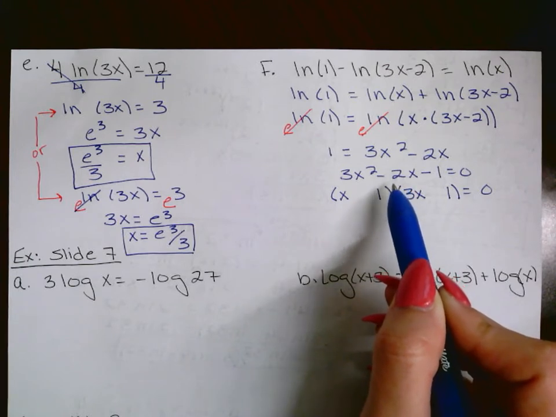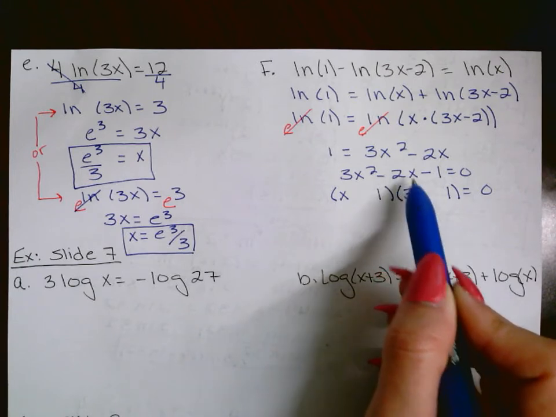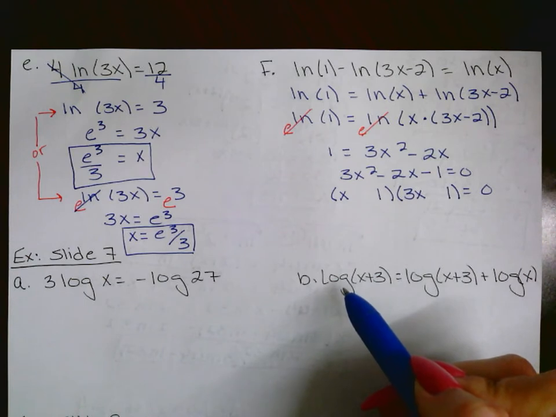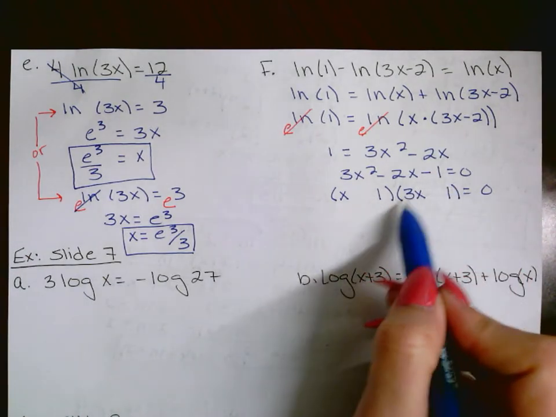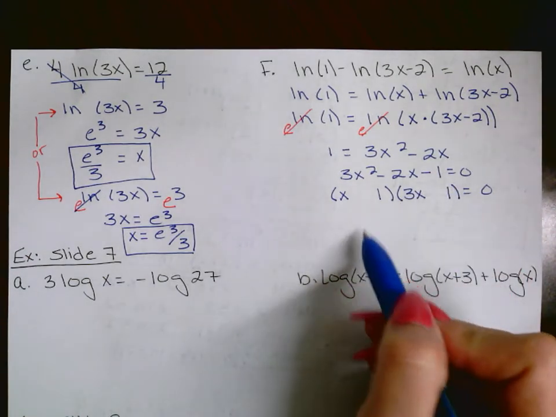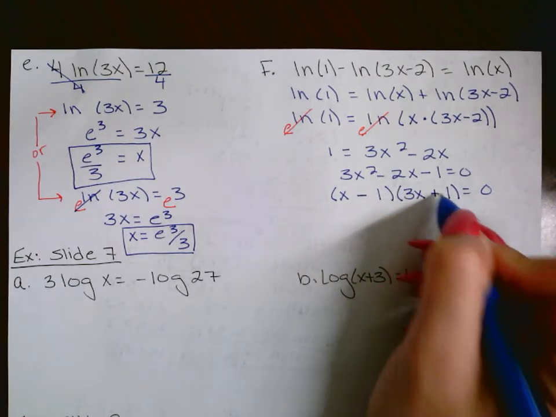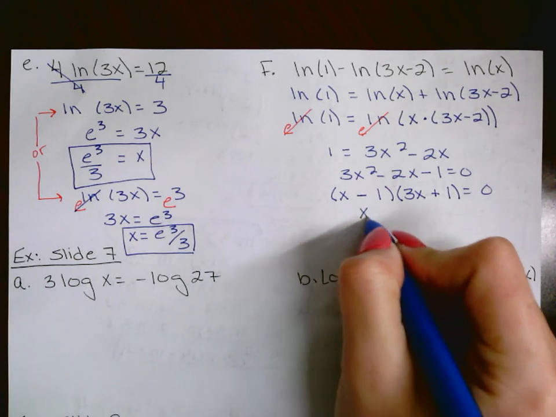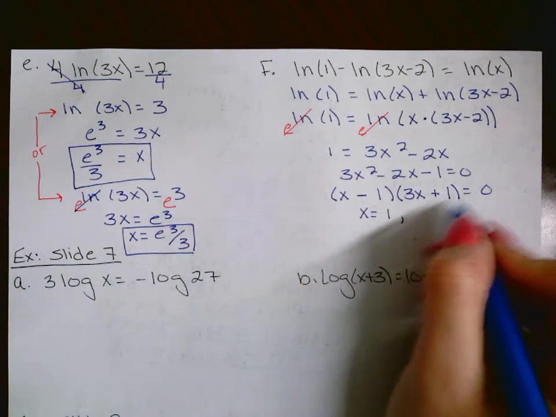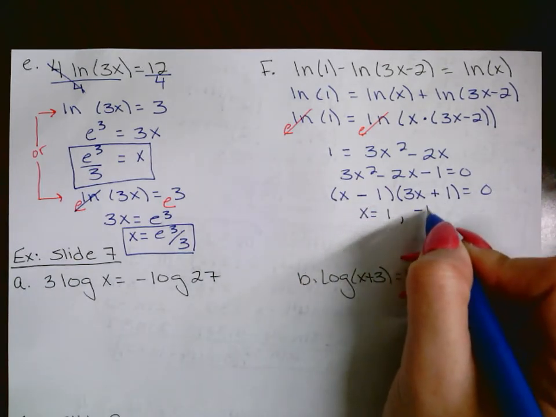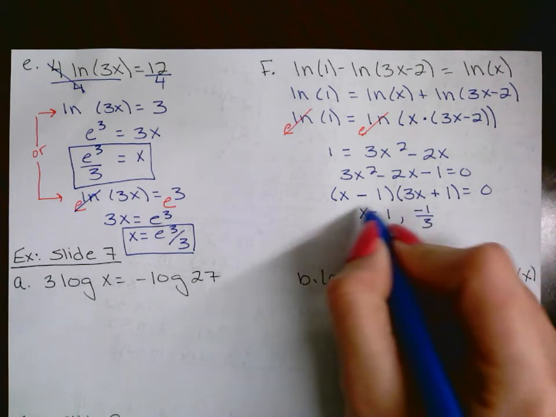Does the bigger or smaller number have to have the negative if my final answer is negative? The bigger numbers. Who's bigger, the 1 and the 3 or the 1 and the x? So the 1 and the 3 need to have the negative. And now I could say x is positive 1. And here if I subtract the 1 over and then divide by 3, I get my next answer.